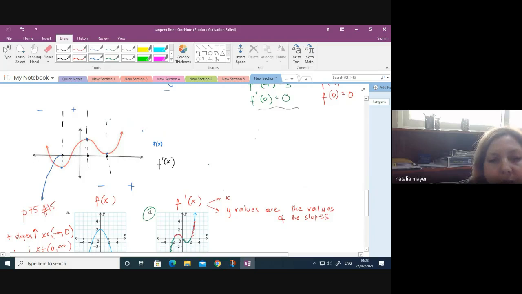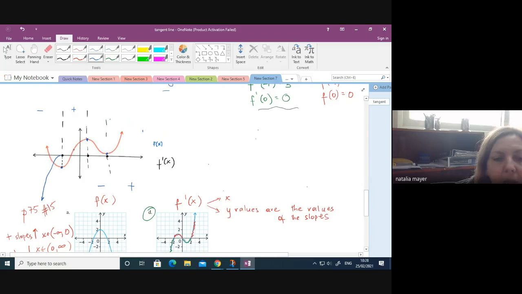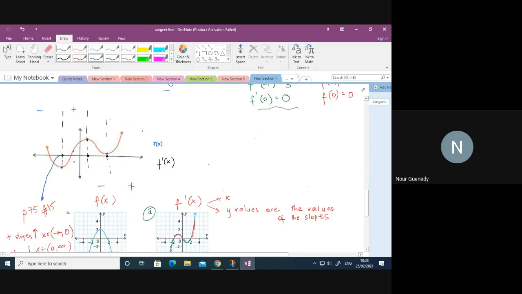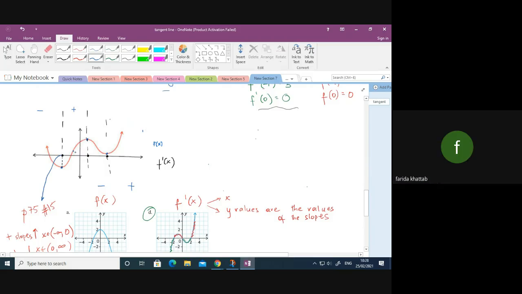Now let's take the next interval. Tell me, on this interval, where approximately is the slope the steepest? In the middle. And on this interval, is the slope positive or negative? Positive. So if it's positive and the steepest, think about the curve of the derivative here. It's going to be large y values.